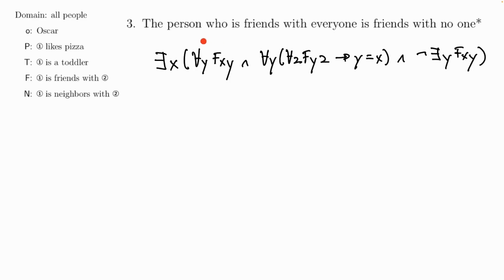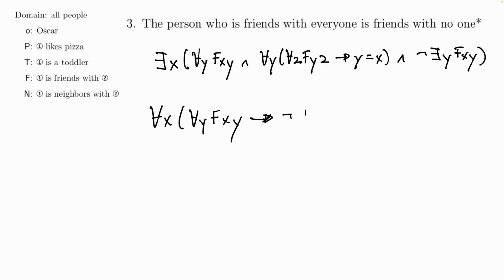take any individual. If they were to be friends with everyone, then they would be friends with no one. Perhaps the correct reading of this statement is really saying for all X, if X is friends with everyone, if for all Y, X is friends with Y, then really they're friends with no one.